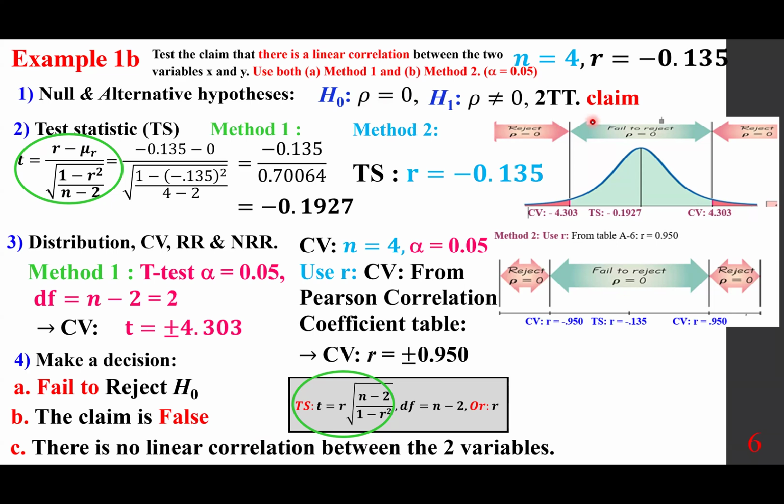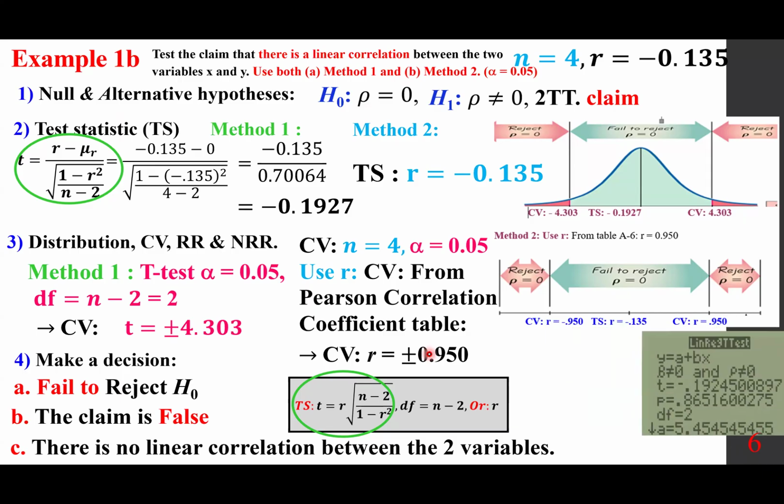I want to remind you how we use, again, the table, the t-distribution, and I'm going to discuss this one as well. First and foremost, as far as the technology is concerned, we did this in the previous page, and I want to show you a couple of things here. Number one, this test statistic, negative 0.192450, is very close to what we have. One might say, why aren't they identical?